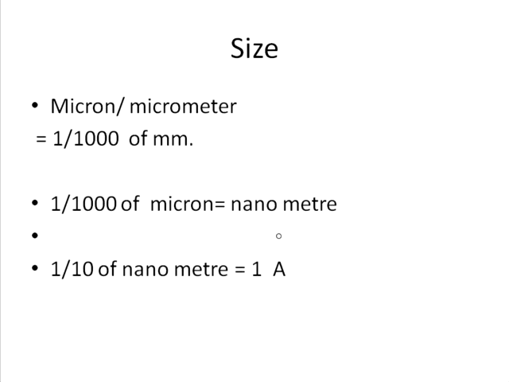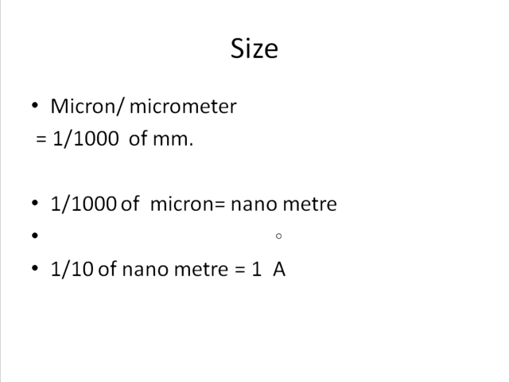Now again divide this micron into 1000 divisions. Divide it 1000 times and take the first division. That is 1/1000th of a micron, which is the size called a nanometer. So a nanometer measures 1/1000th of a micron. Nano means anything small, just like the Nano cars that we see on the roads.